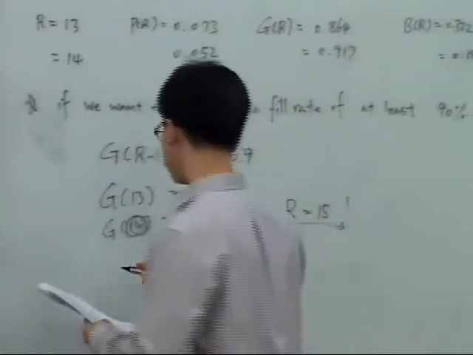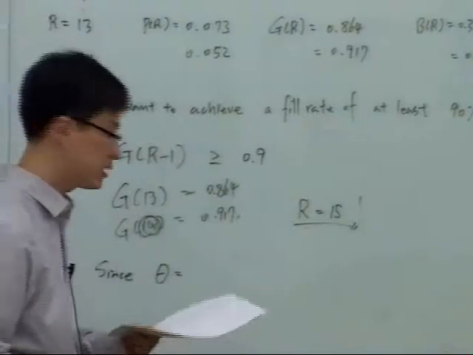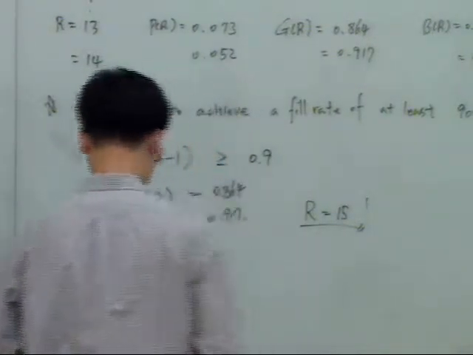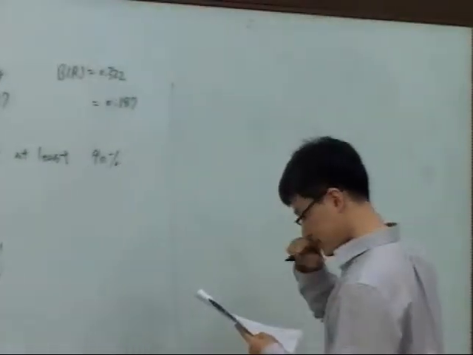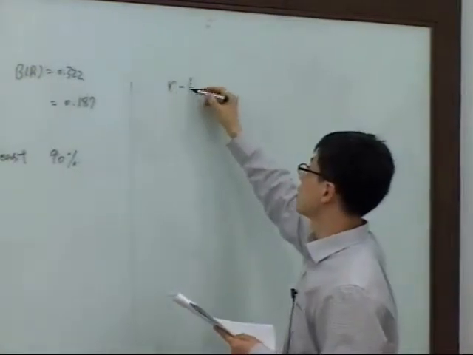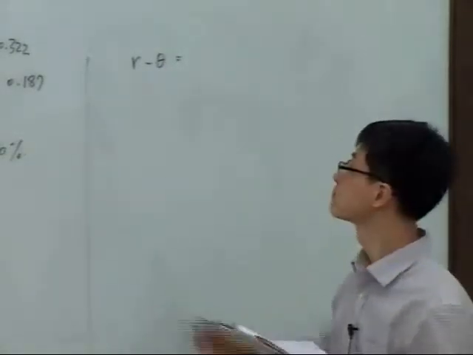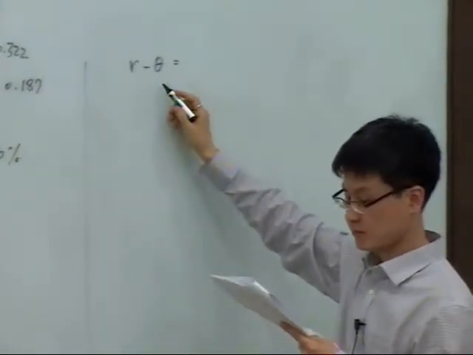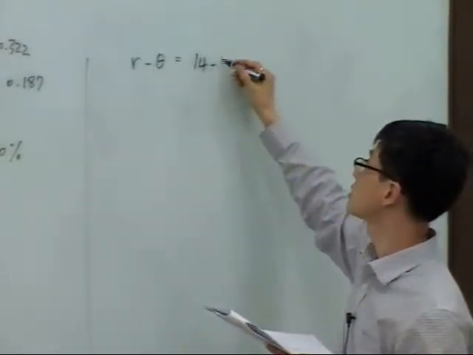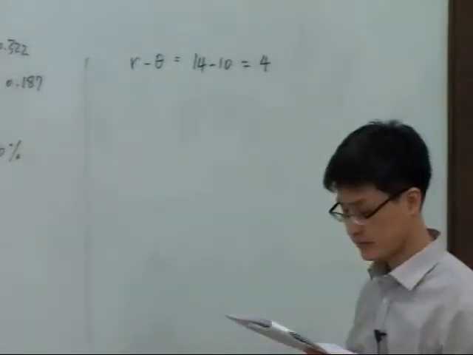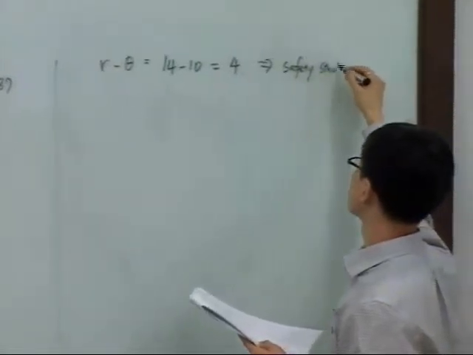And also, since the mean demand during the lead time is 10, from the inventory position equation, small r minus theta is equal to large R minus 1. So 14 minus 10, 4. It's a safety stock level.